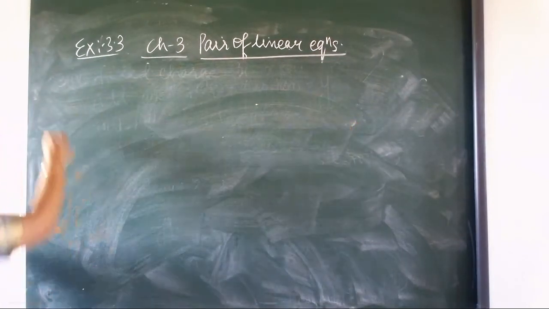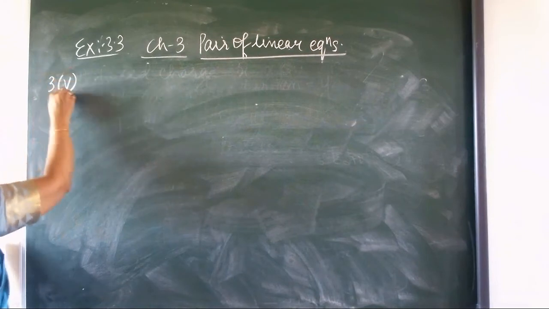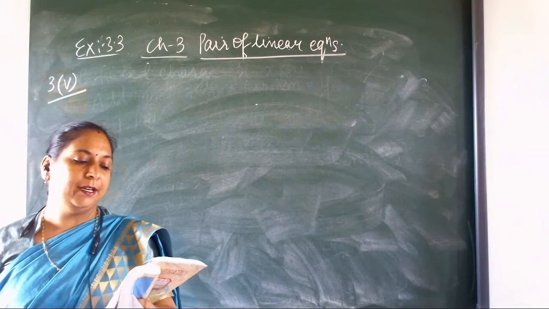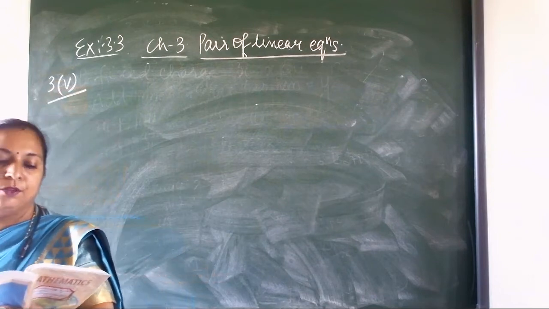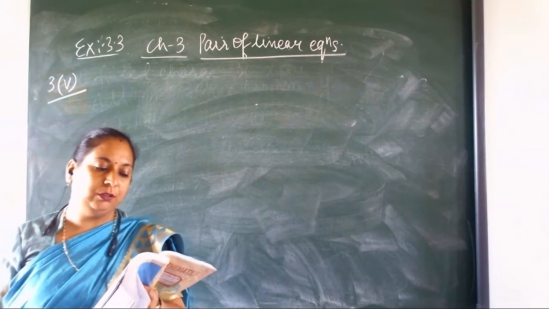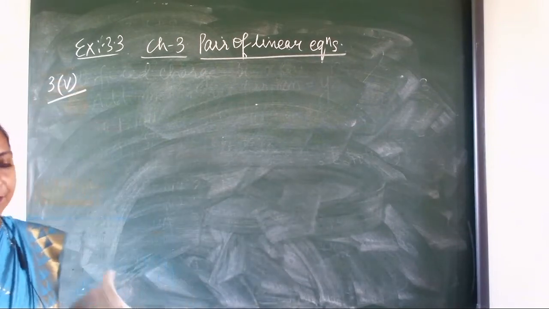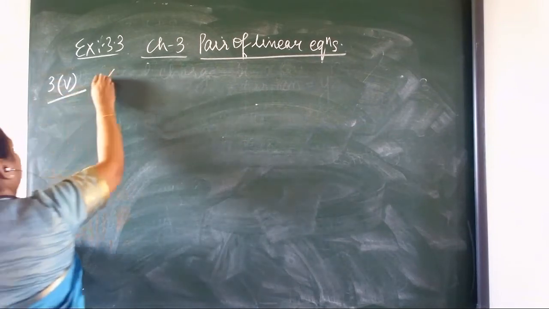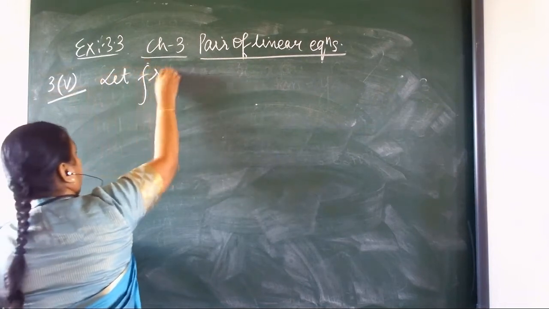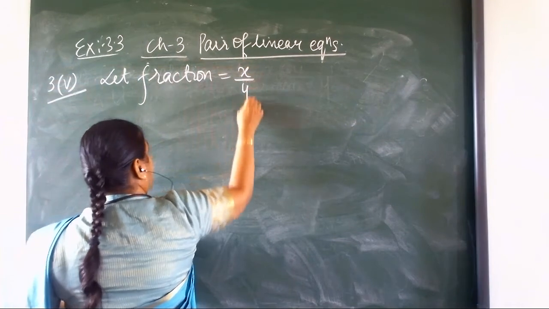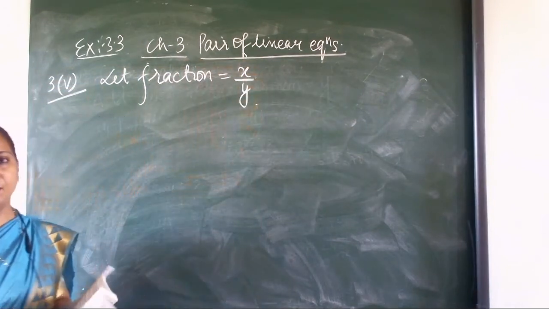Next, question number three, fifth part. A fraction becomes 9 upon 11 if 2 is added to both numerator and denominator. We don't know the fraction, so let the fraction be x upon y, where x is the numerator and y is the denominator.